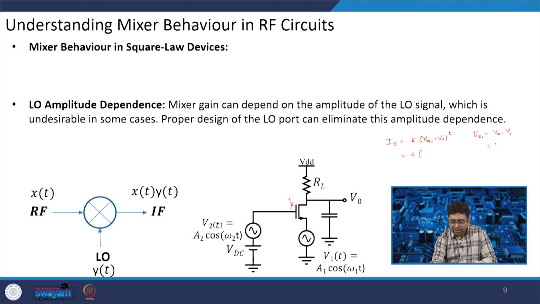VG is here A2 cos omega 2 t, and VS is A1 cos omega 1 t.